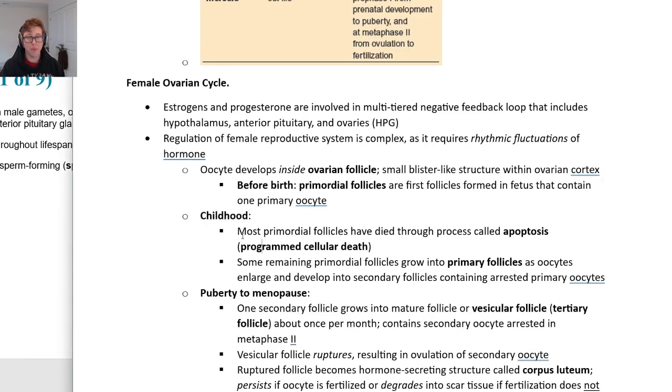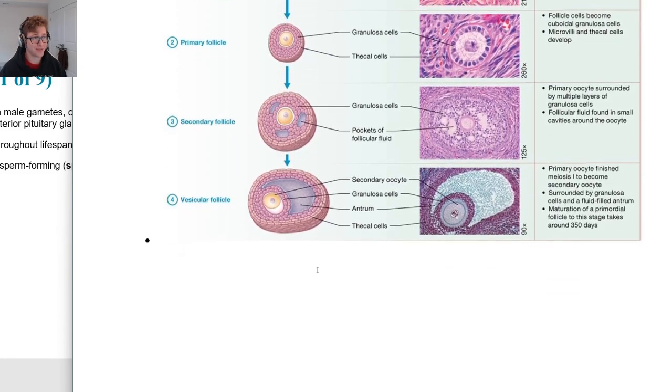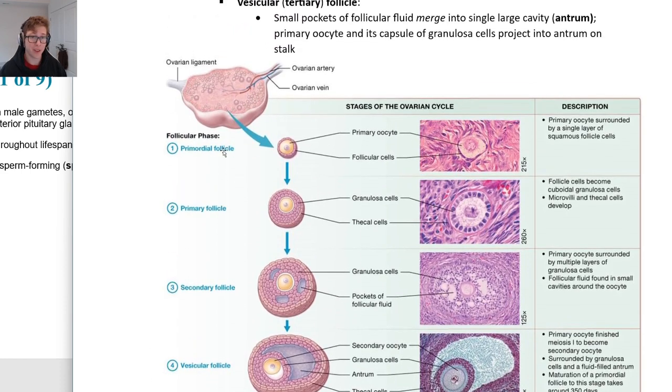Childhood. Most primordial follicles have died through the process called apoptosis, essentially programmed cell death. Some of the remaining primordial follicles grow into primary follicles. Primordial, primary. So later we can take note and make a list, but you can see it essentially here, and it goes in a specific order.